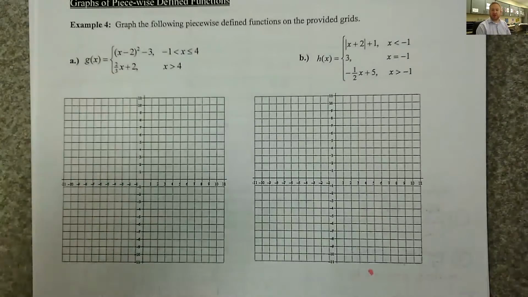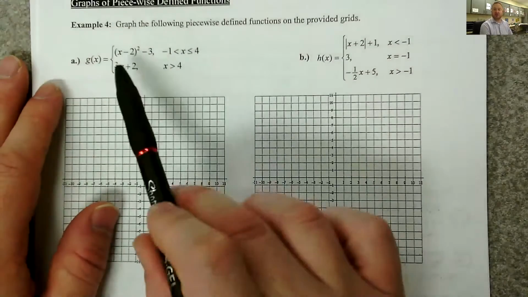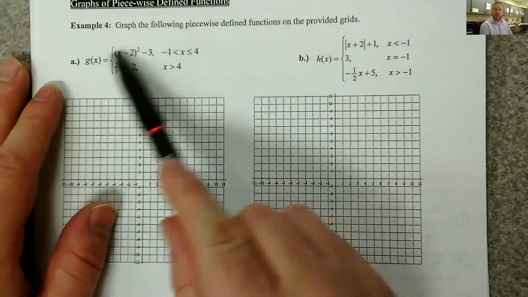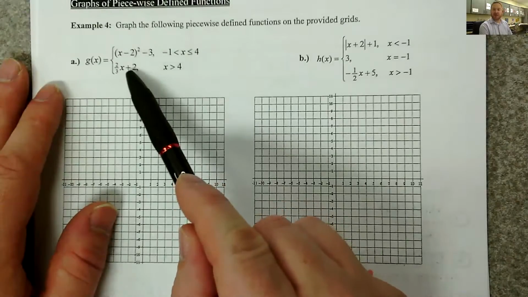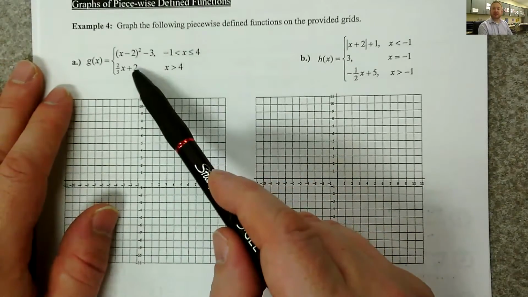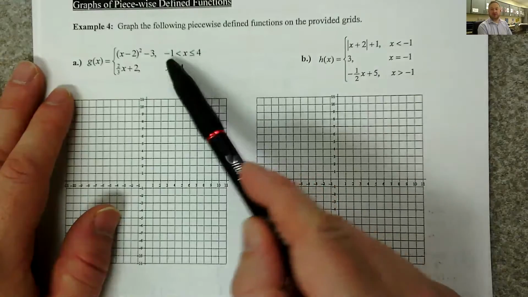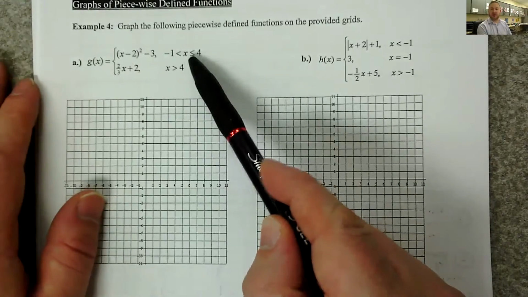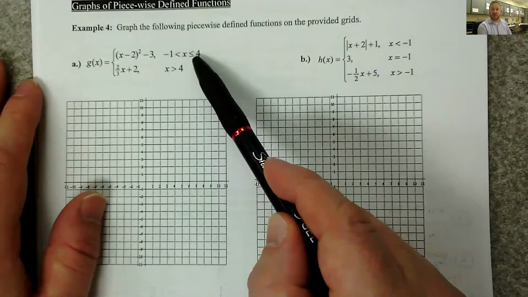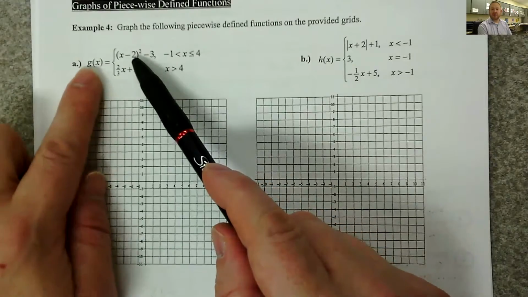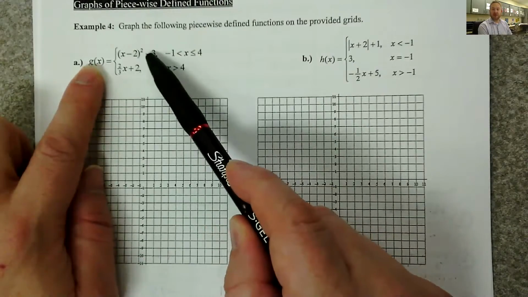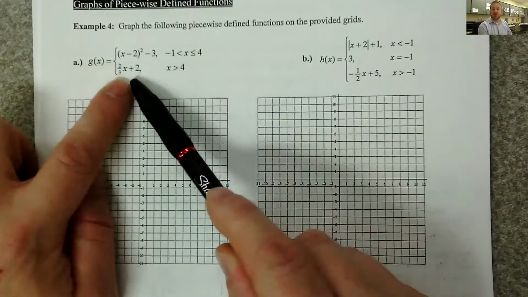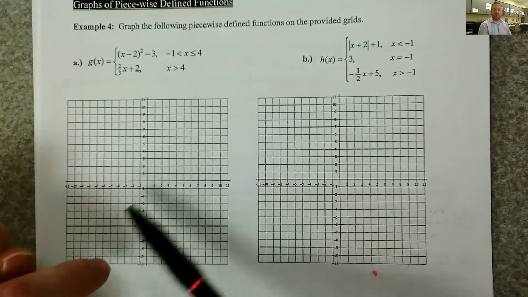So we're actually coming up with a graph of this function. What these functions really mean is it's one function that's made up of 2 different pieces, and each piece is used for different x values, or for a different domain. So if x is between -1 and 4, then this function is defined by the first piece. And if x is bigger than 4, then we use the second piece. And we just need to graph that on here.